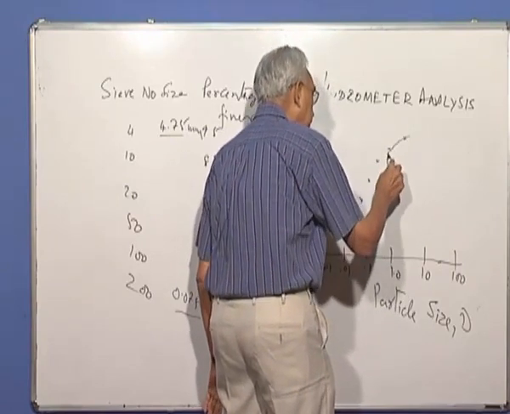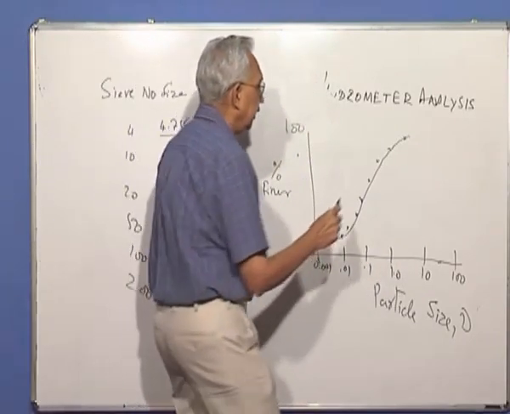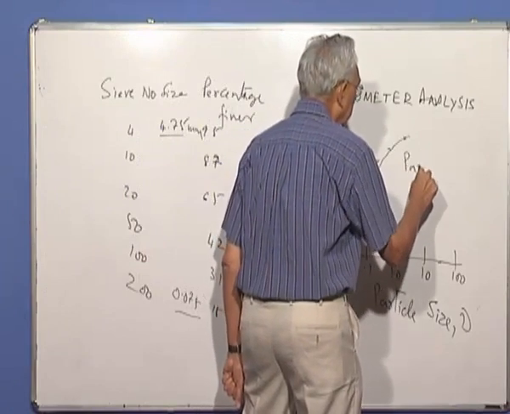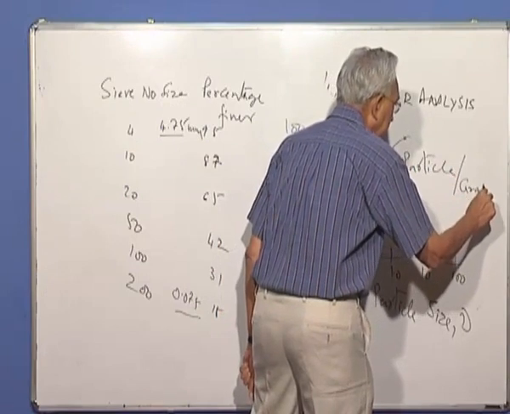And draw a graph, something like this. This is called the particle size distribution curve, or we say grain size.